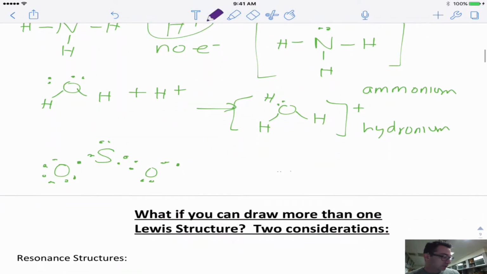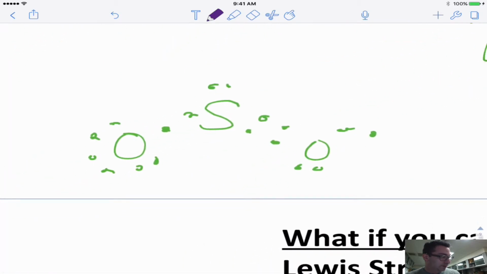If we zoom in, this oxygen has 1, 2, 3, 4, 5, 6, and this oxygen over here has 1, 2, 3, 4, 5, 6. When we focus in on this bond right here, it becomes apparent that the sulfur has given 2 electrons to that bond. That bond is a coordinate covalent bond. So this gives you an idea of how coordinate covalent bonds work.